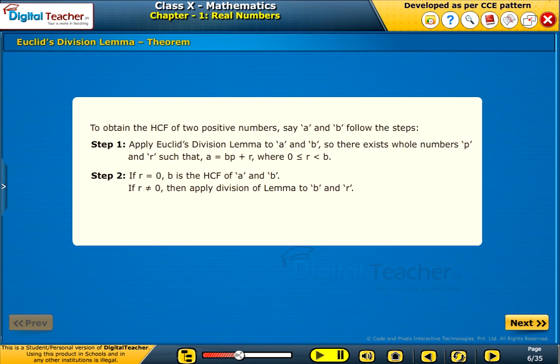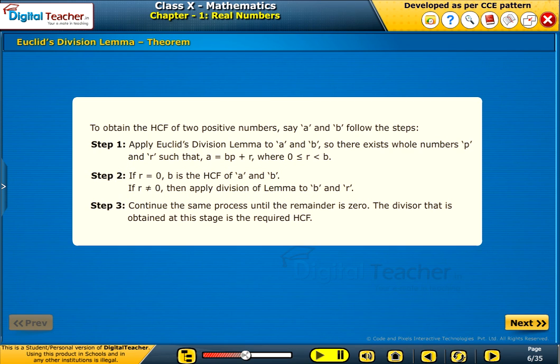Step 2. If r is equal to 0, b is the HCF of a and b. If r is not equal to 0, then apply the division lemma to b and r. Step 3. Continue the same process until the remainder is 0. The divisor obtained at this stage is the required HCF.